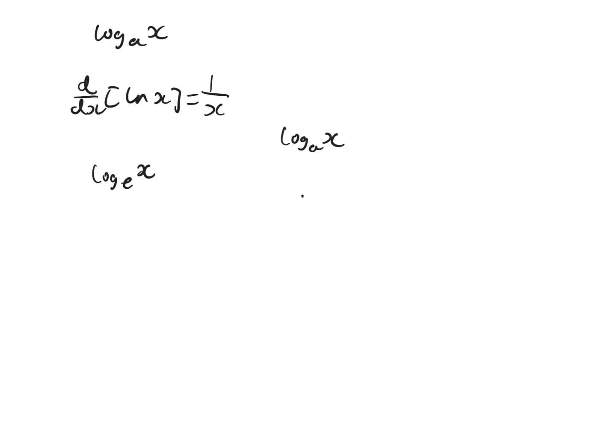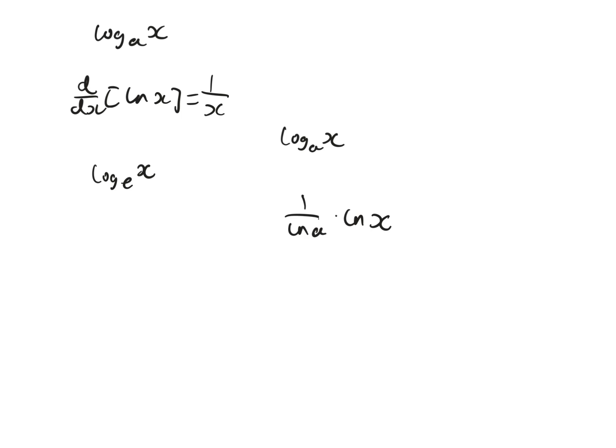We can change it to 1 over natural log of a times the natural log of x over here, right? Now, this is just the other representation, using the change of base, so the top needs to be x and a is the bottom. You should be familiar with change of bases. If not, you can look up how to do change of bases.